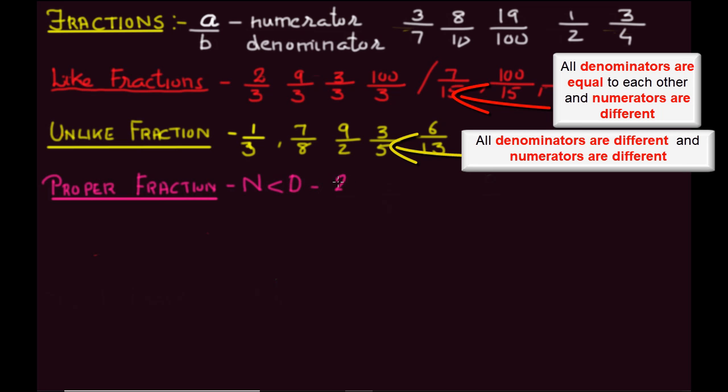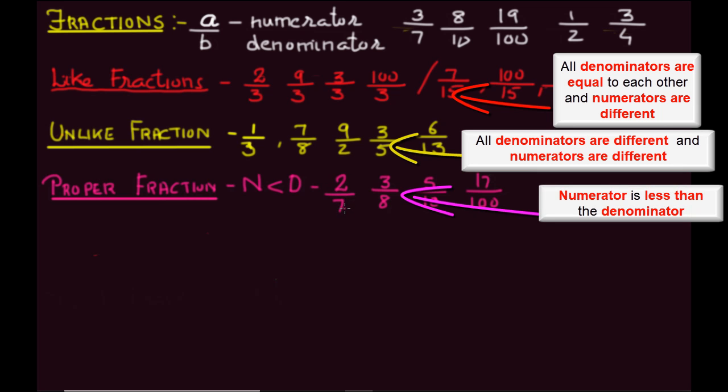For example, you have 2 by 7. Did you notice that the numerator is less than the denominator? You have 3 by 8, 5 by 10, 17 by 100. In all these cases, the numerator is less than the denominator.